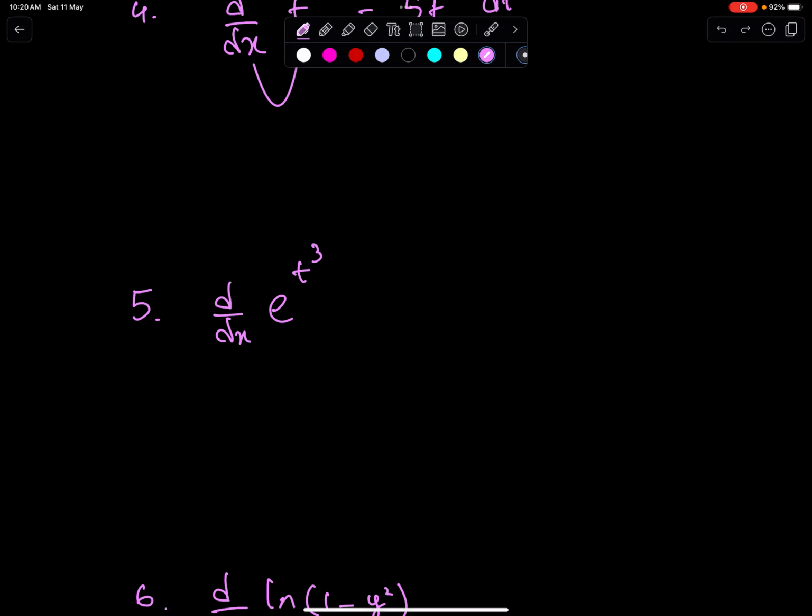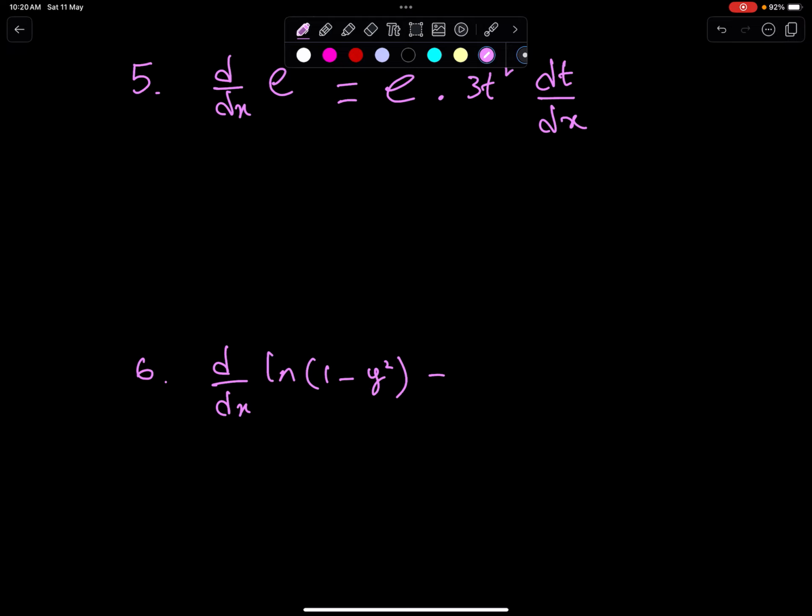So e power t cube will become e power t cube. Differential of t cube is 3t square. Now multiply this answer by the gradient of t, which is dt upon dx.